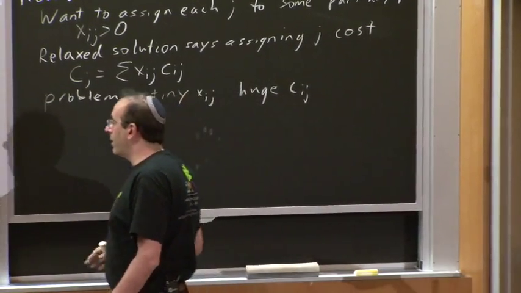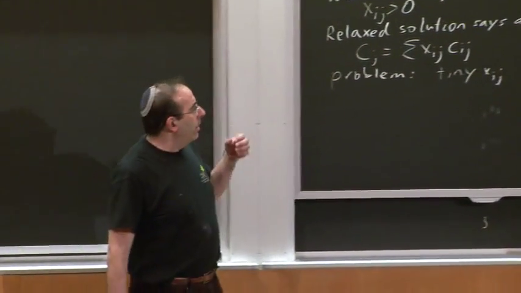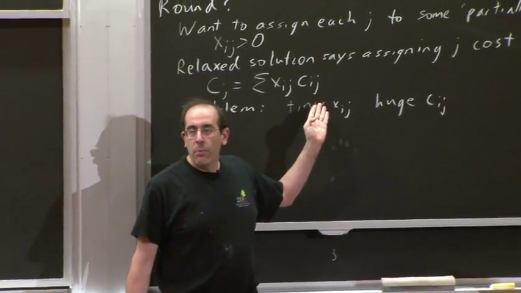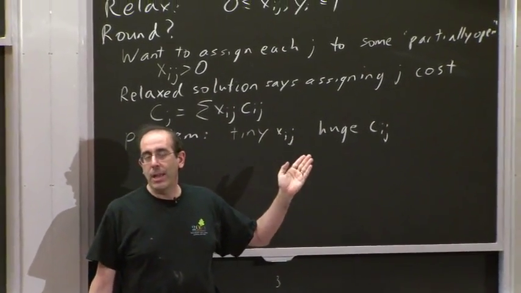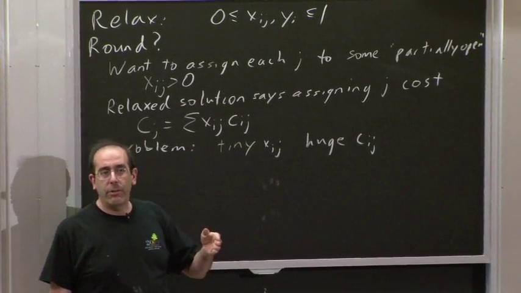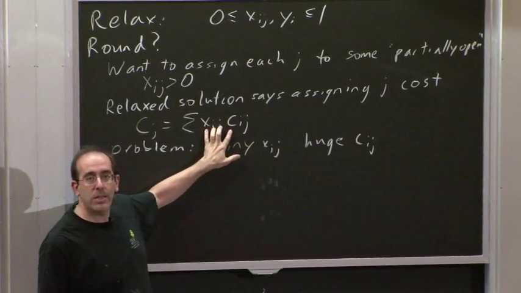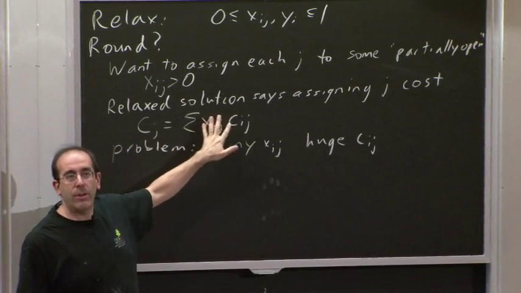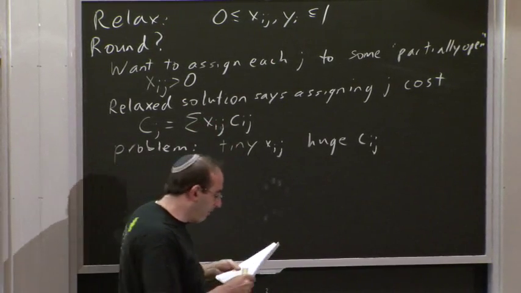So what I'm going to rely on is that although there may be some outlier costs, we're going to be able to find something that uses just the average cost. Right? So this is the average cost of assignment. And if we can do an assignment that's close to the average cost, then we're doing pretty well.